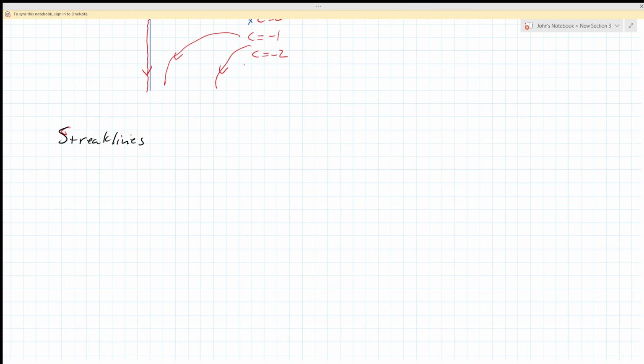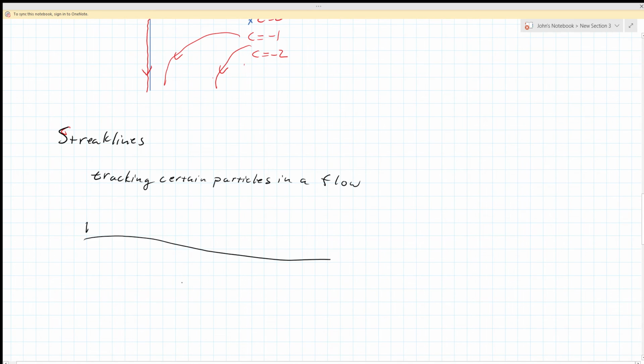So, how would you do this? Well, you do it by tracking certain particles in a flow. Now, sometimes they'll use dye. For example, let's say I have some sort of flow going like this through my container, they'll inject a dye here, and this dye will follow the flow particles throughout.